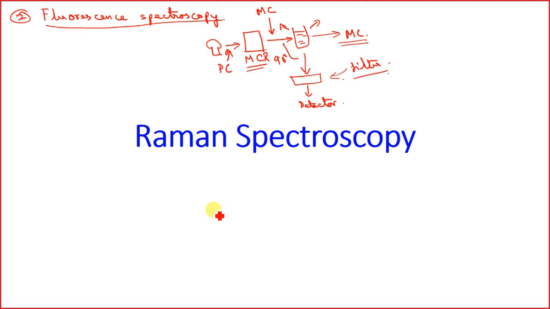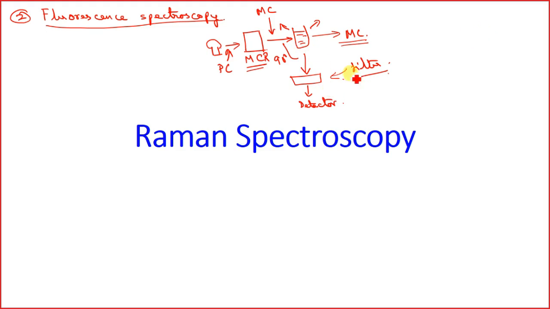Now, in fluorescence spectroscopy, if you see, we need a system over here, because we want to excite the sample at a particular wavelength, and then only it will generate a spectrum at a higher wavelength. That also we have discussed.